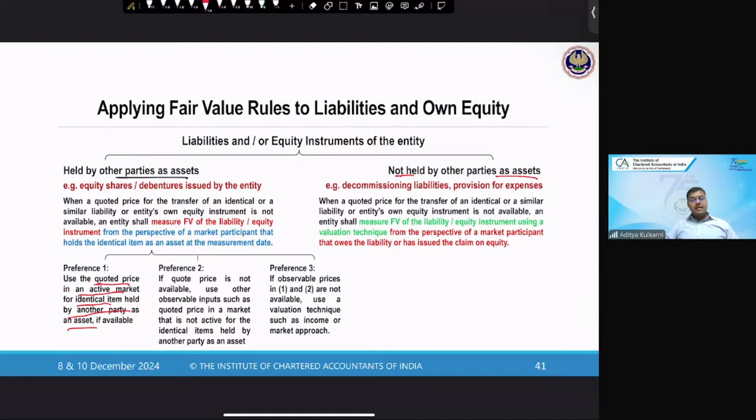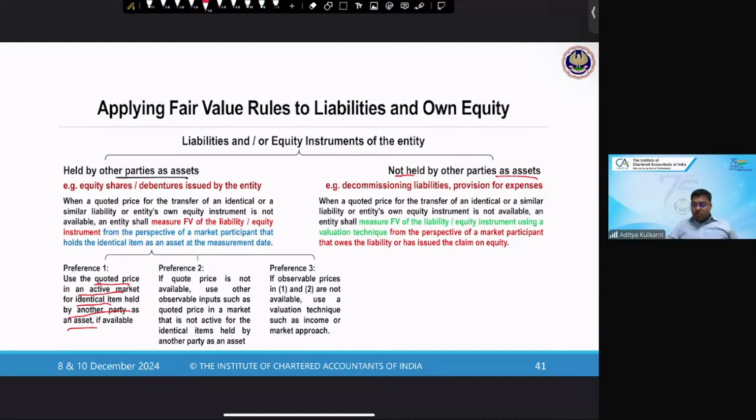Are you able to understand? Yes. So my debenture, a liability in my books, is somebody else's asset, and that asset has a market value, which I will assign straight away to my debentures because that is the value of my debentures. Are you able to understand? Yes, sir. Sure.